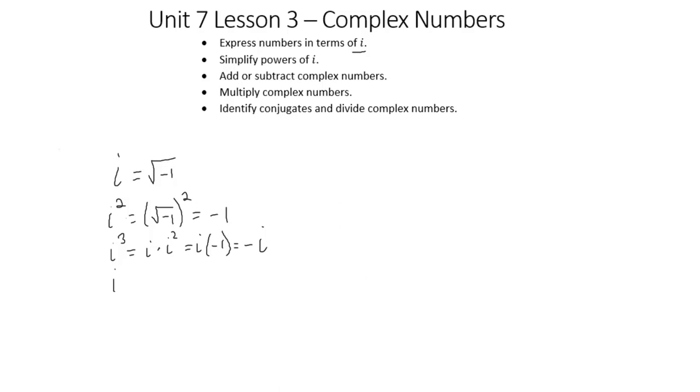And then we have i to the fourth, which is equal to i squared times i squared. So that's -1 times -1, which equals 1. And if we continue this pattern, we get i to the 5, which is i to the 4 times i. And i to the 4 is 1, so this equals i. I to the 6 is i to the 4 times i squared.